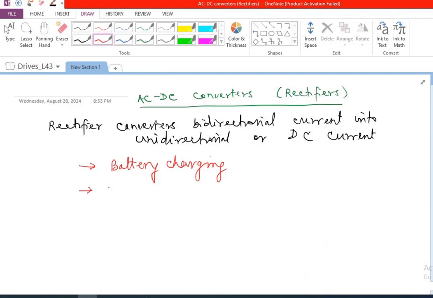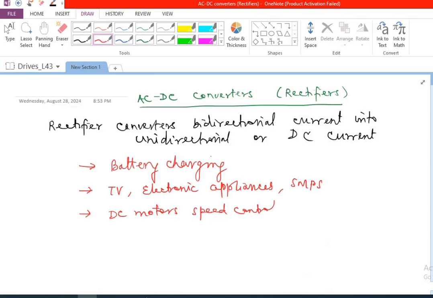Even inside your TV or any other electronic appliance like a monitor, or even in an SMPS inside a PC, all these things generally require an AC to DC converter. And for some of the DC motors used in industry, if you want to control the speed, then again AC to DC converters are used.